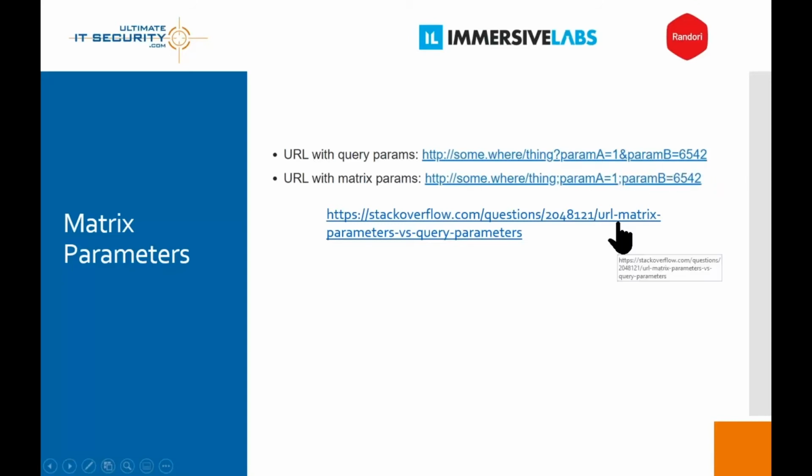And if there's another parameter that's delimited by an ampersand, so we're saying parameter A is 1, parameter B is 6542. Well, guess what? There's a whole different type of parameter that's allowed within the path portion of the URL, where they're denoted by semicolons. And that's a thing.